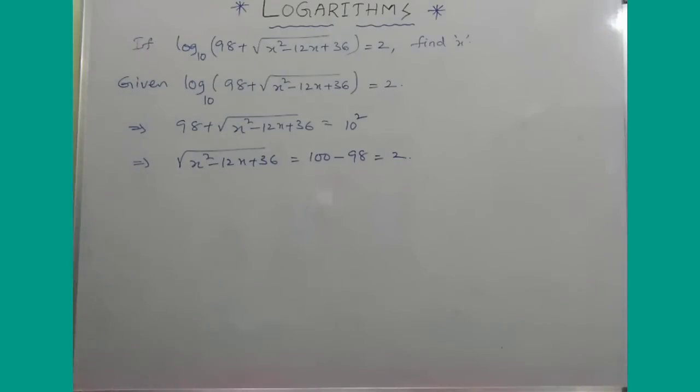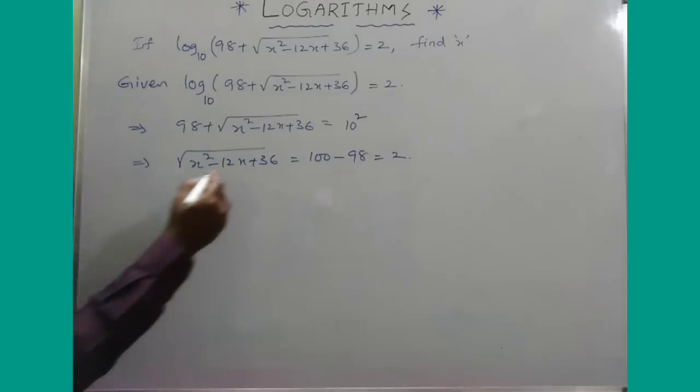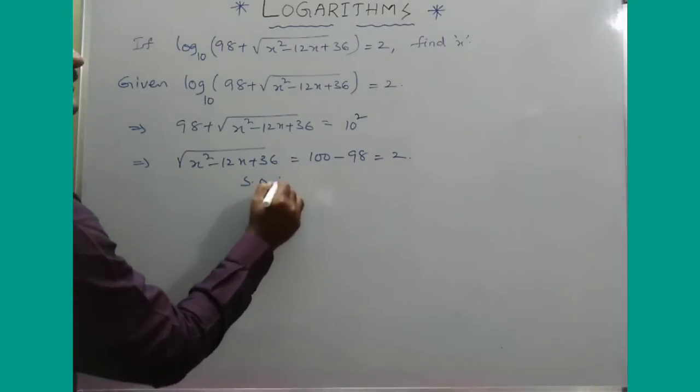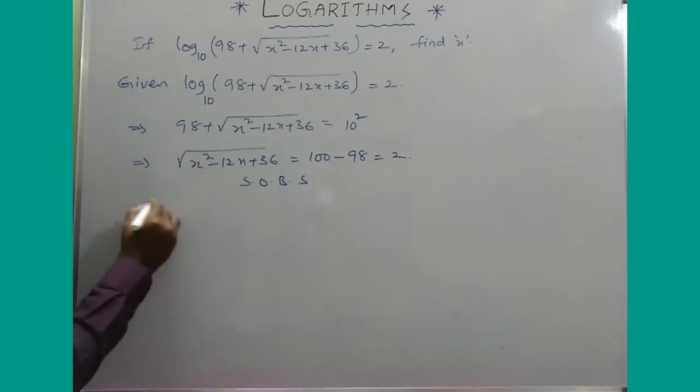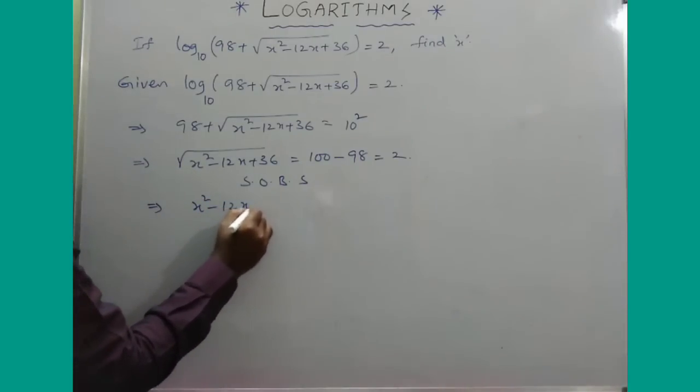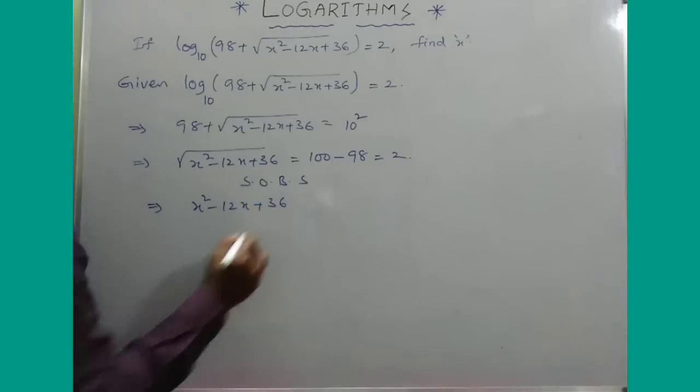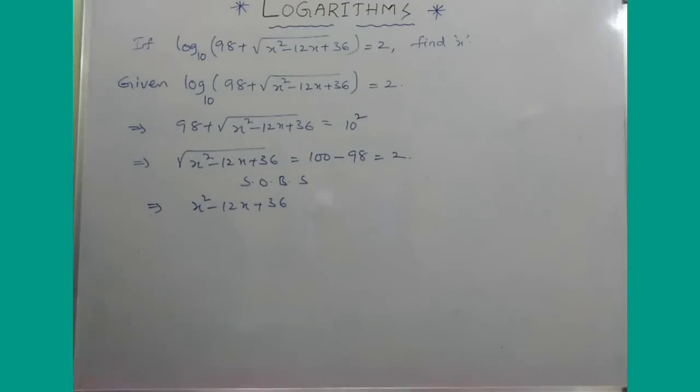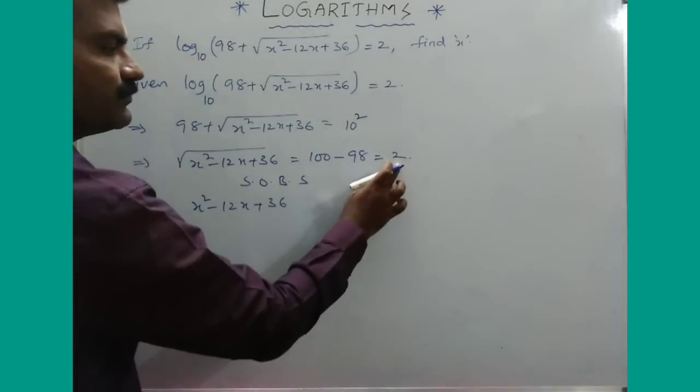To proceed further, since the left hand side is under the root, we cannot do anything here. So do one thing, squaring on both sides. After squaring, this is x square minus 12x plus 36, which is equal to 4.